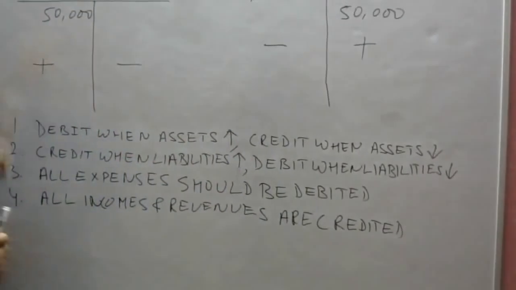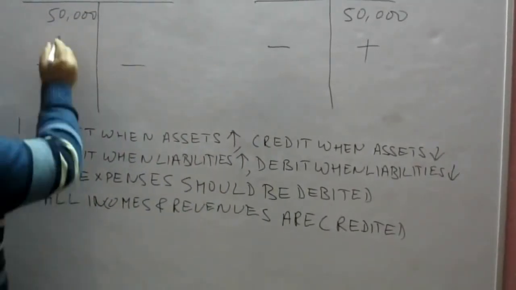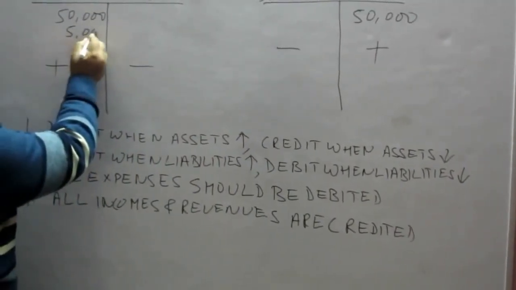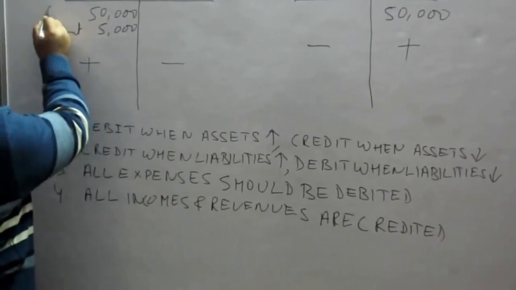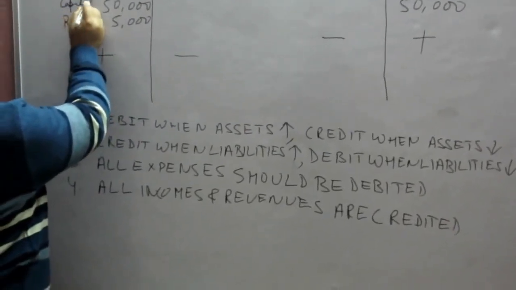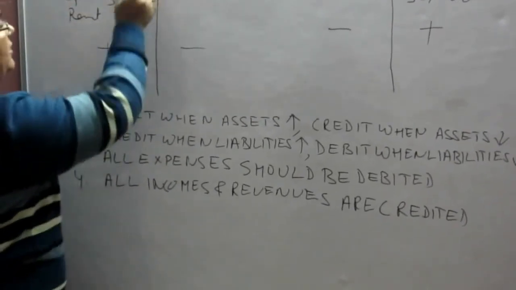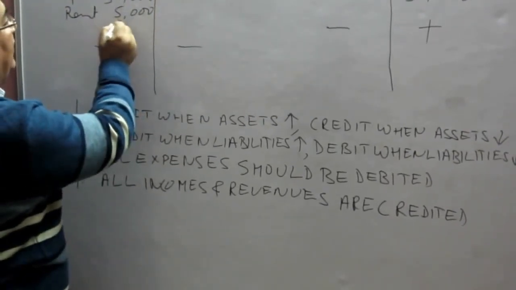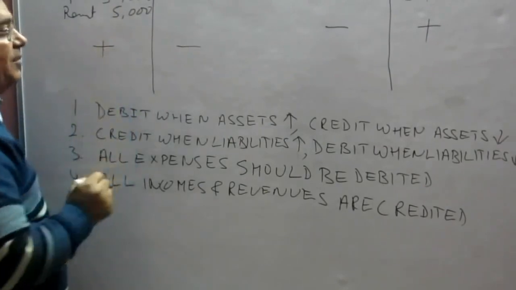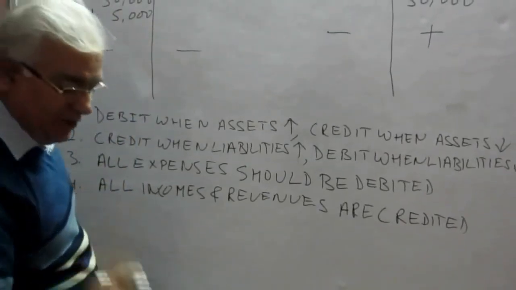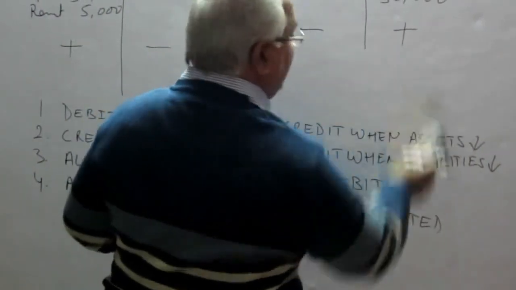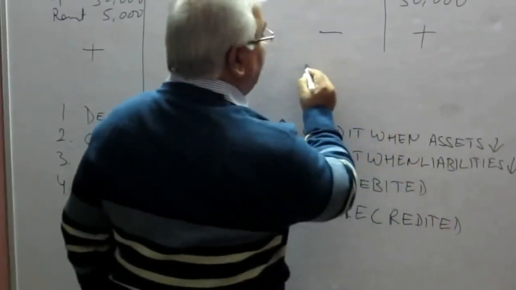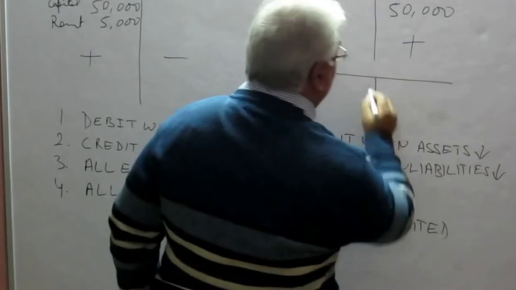So we will debit the cash account with 5,000, and for reference purposes, we will write here rent, as in the earlier case we would have written capital. Now, since cash has increased, we have added 5,000 to the cash account. But at the same time, we have received rent. For this purpose, we will open the rent account and it will be credited by 5,000.